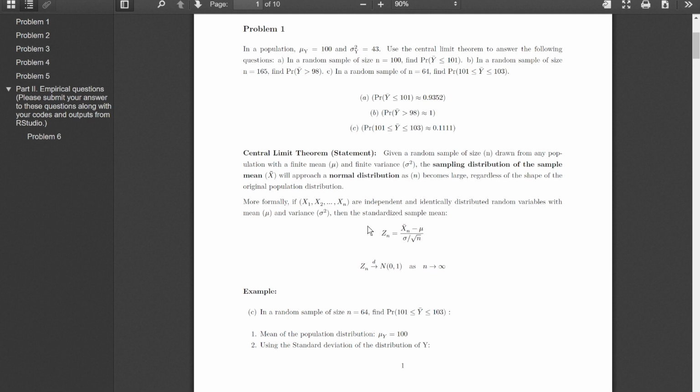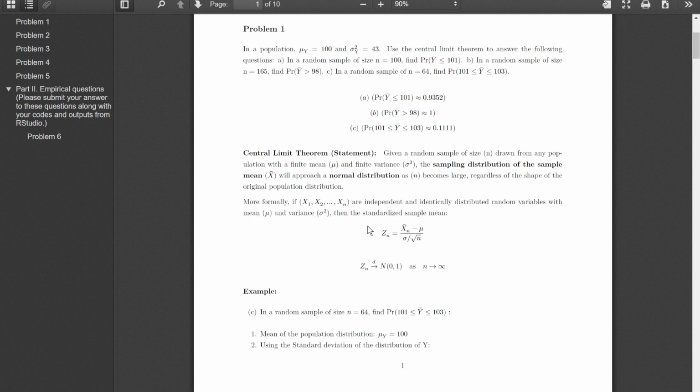Most of the time you don't know the actual population mean, but this tells you that you don't have to know the population distribution. The sampling distribution of the sample mean will approach a normal distribution as n becomes large.